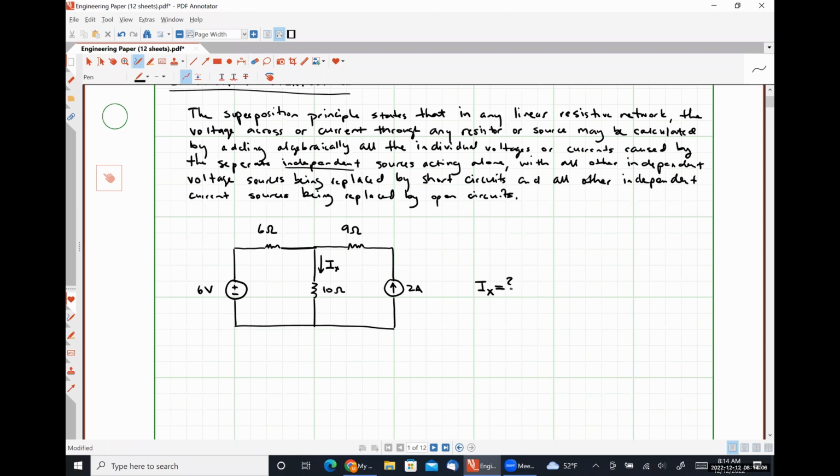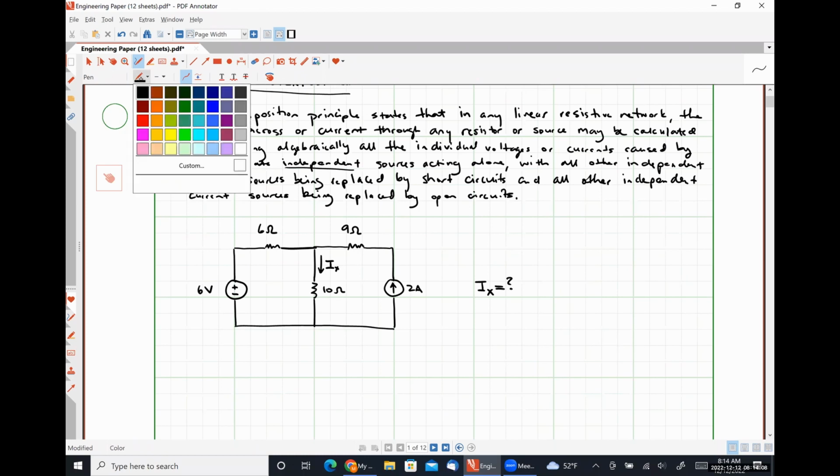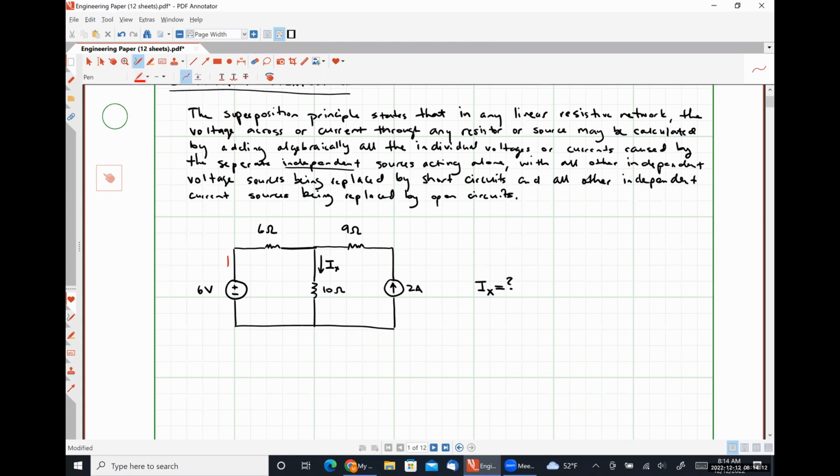Okay. So what I'm going to do is identify some currents here. So I'm going to call this current I6, and now effectively every current in this circuit is identified. And I'm going to identify some voltages as well.